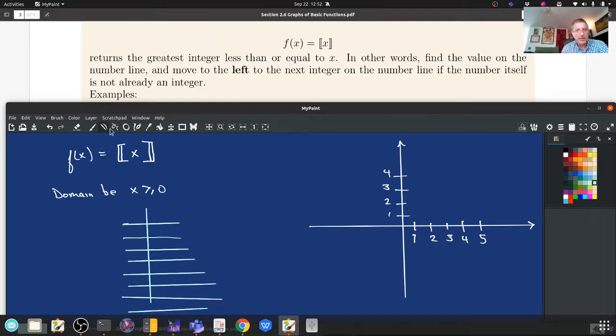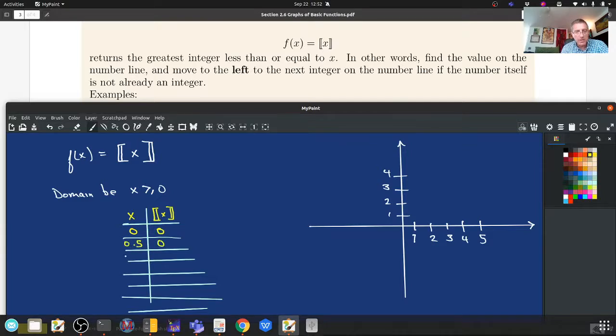Well, that'll do, right? So our input value is x, and our output value is the greatest integer function. So 0, what's the greatest integer less than or equal to 0? Well, 0. What about 0.5?